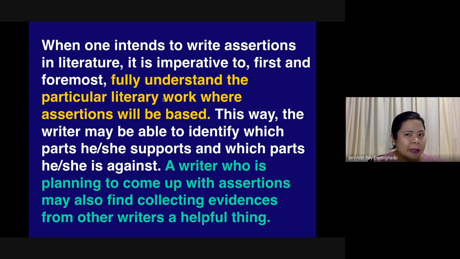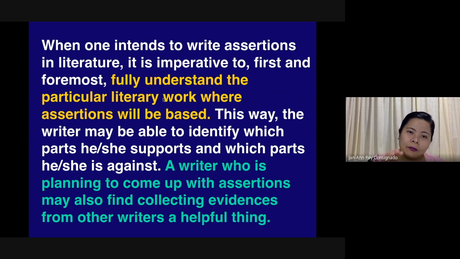When one intends to write assertions in literature, it is imperative to, first and foremost, fully understand the particular literary work where assertions will be based.